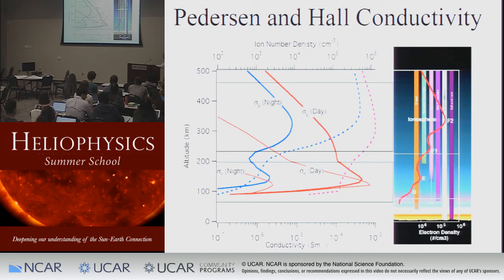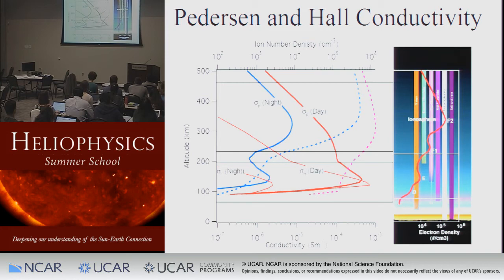In this plot, which is kind of complicated, the region of primary interest is down here. There are nighttime curves and daytime curves. The Hall and the Pedersen are down here. The Pedersen layer is always a little higher than the Hall, but both peak in this region.